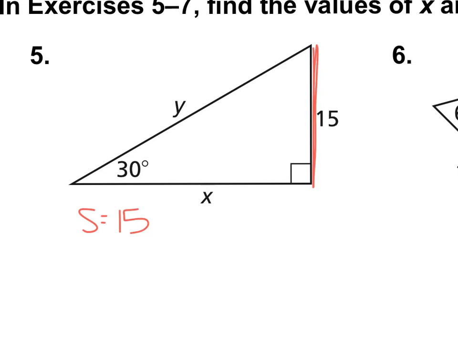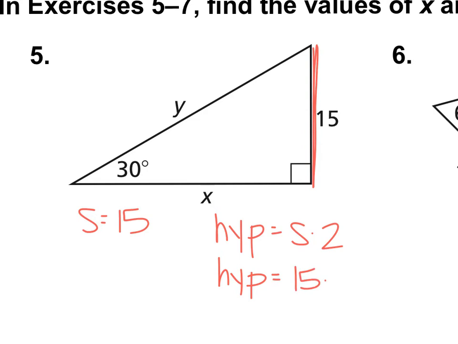Okay. So using our formulas for 30, 60, 90, we know that the hypotenuse is equal to the short side times 2. Okay, so our hypotenuse is equal to that 15 times 2, which is just 30. So our y up here, our hypotenuse is equal to 30.